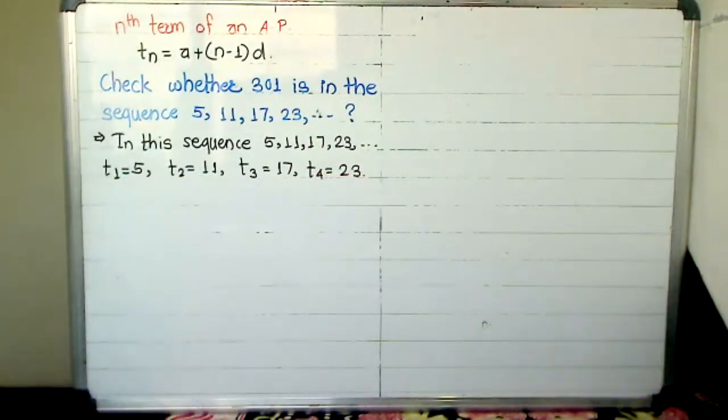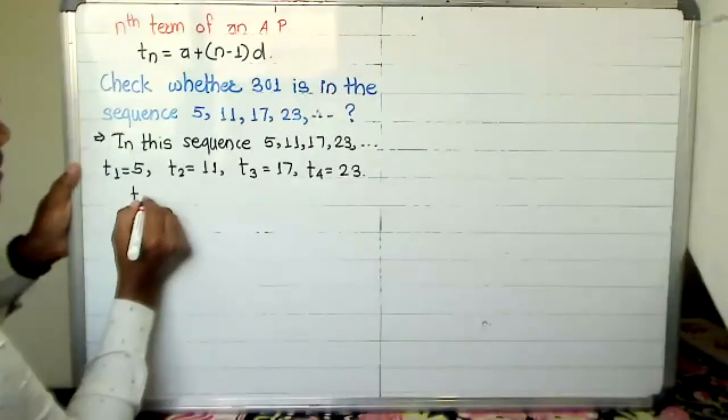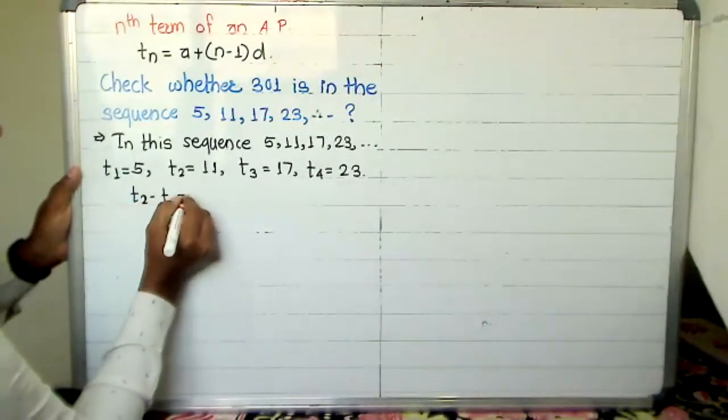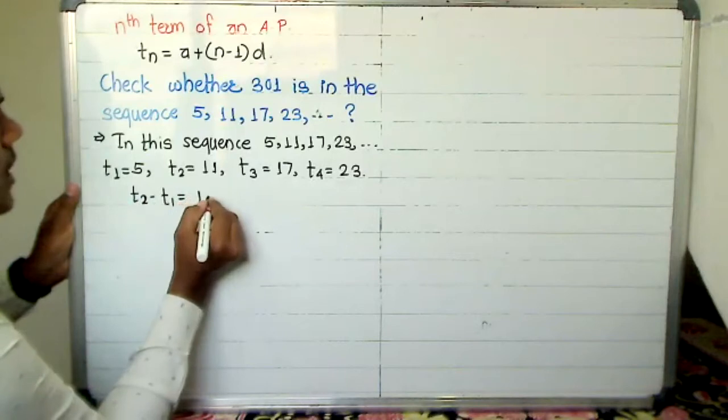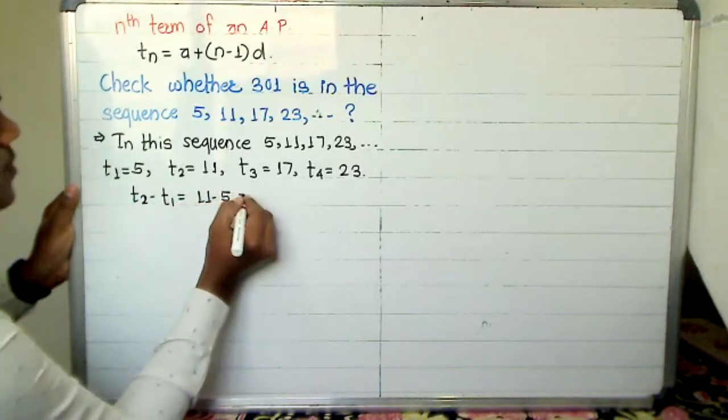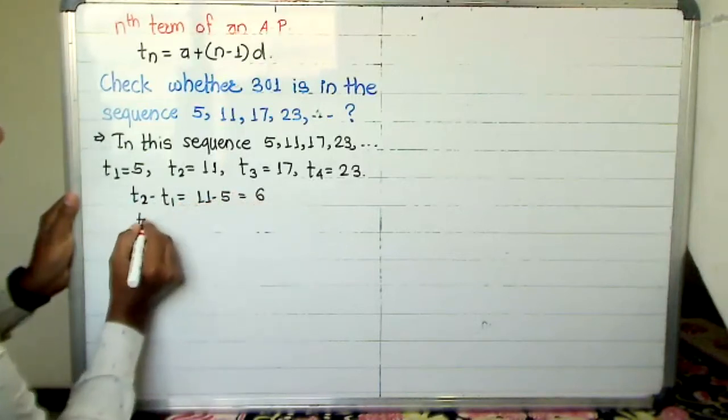Now T2 minus T1 is equal to 11 minus 5, which is 6.